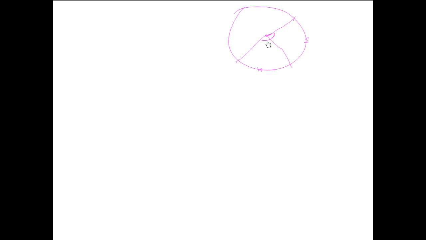And converse, that's angles subtended by equal arcs in same circle or equal circles are equal, subtended at the center.